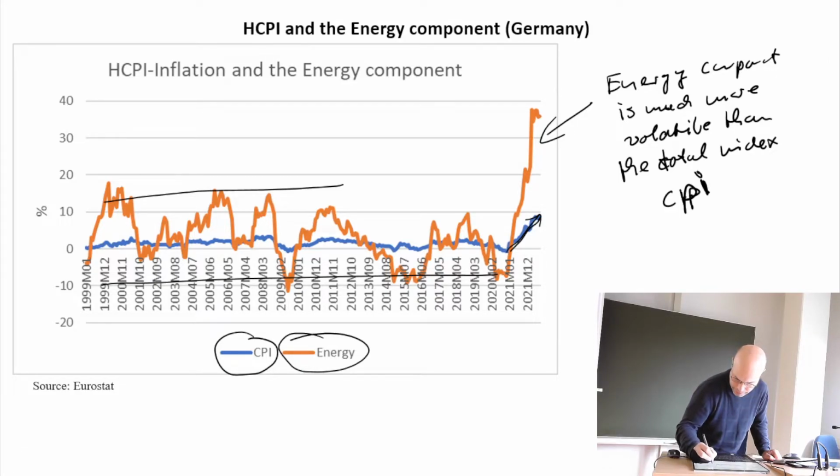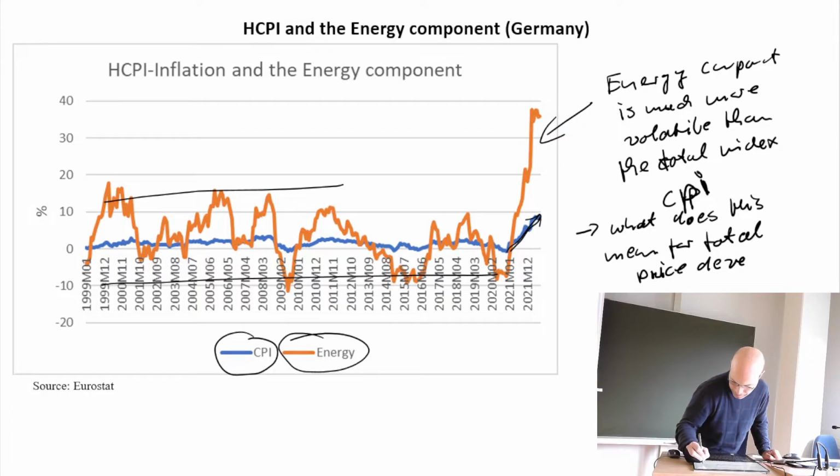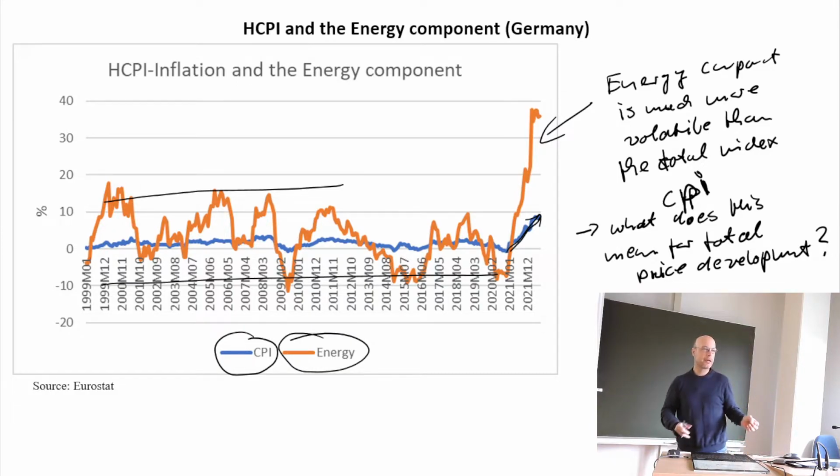Then we can ask the question, what does this mean for total price development? So what we want to calculate right now is the quantitative effect of this high volatility.